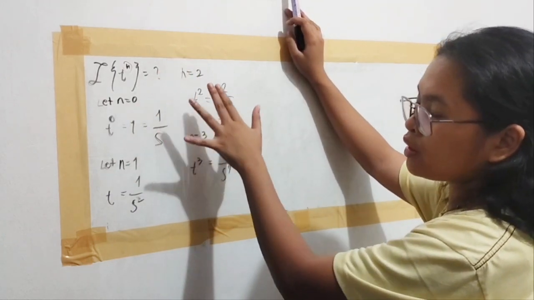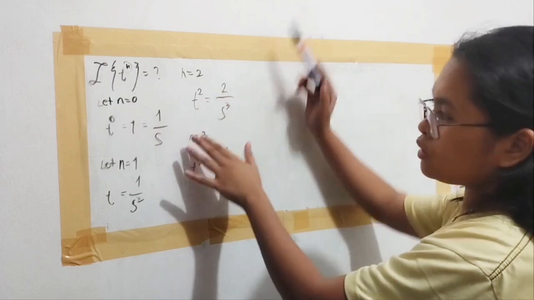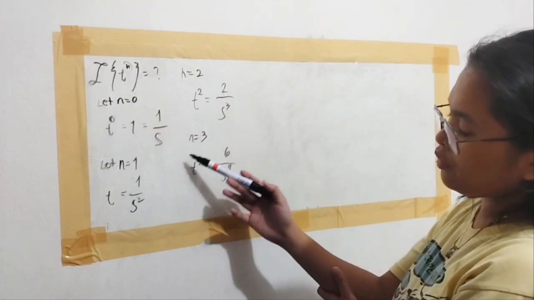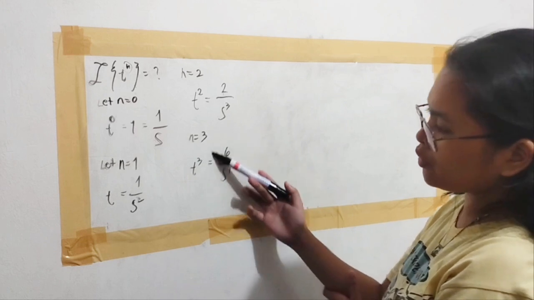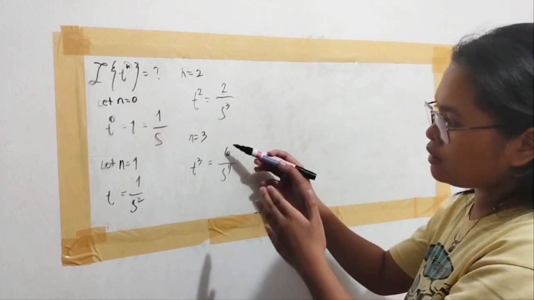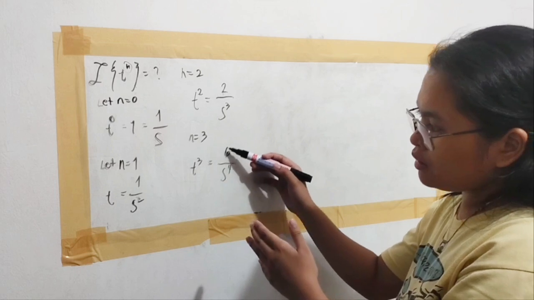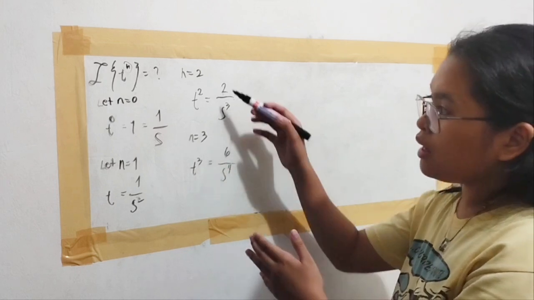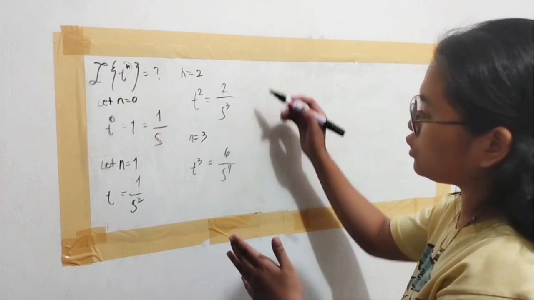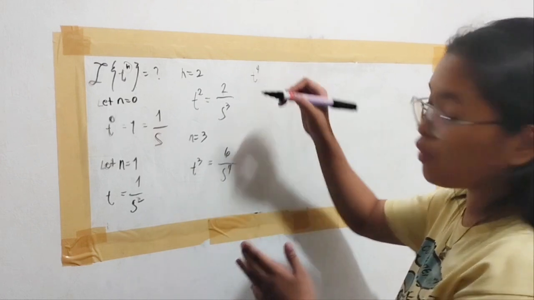When n is equal to 2, the numerator is 2. When n is 3, the numerator is 6. If you notice, this is the factorial of 3, and this is the factorial of 2. If you don't believe me, we can still try t raised to 4.